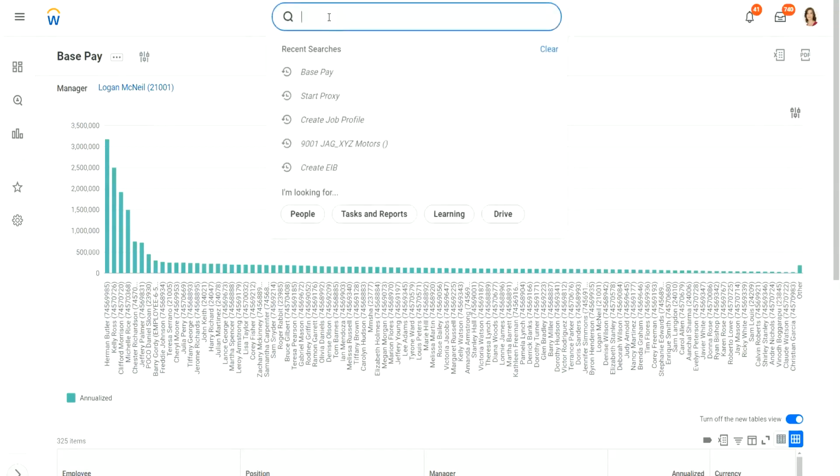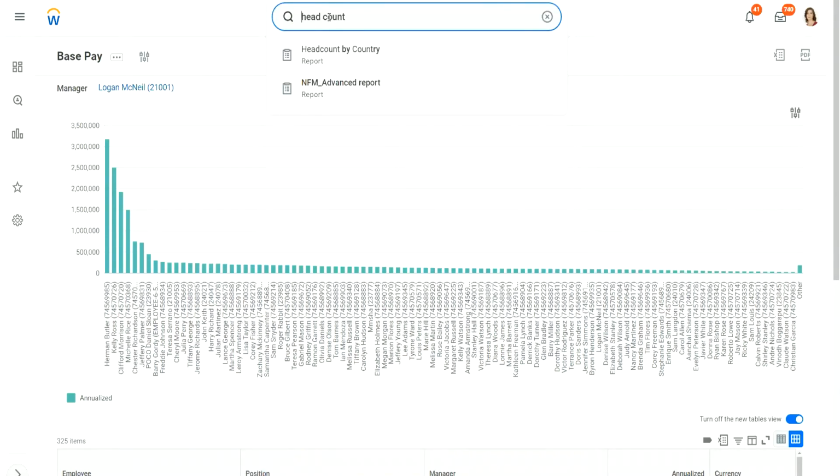So now let me show you another one, which is headcount trend. Five-year headcount trend, I think that's what it's called. Yeah, 5-year headcount trend.